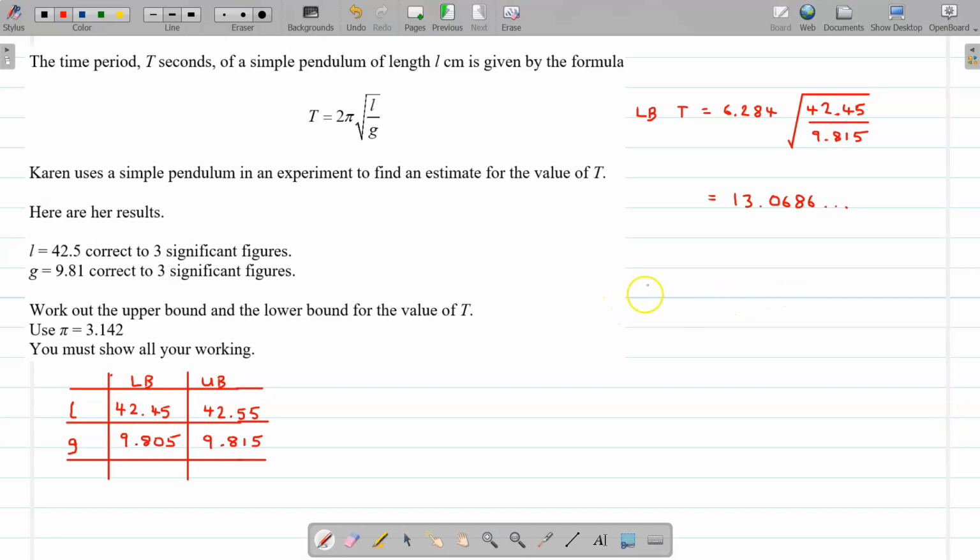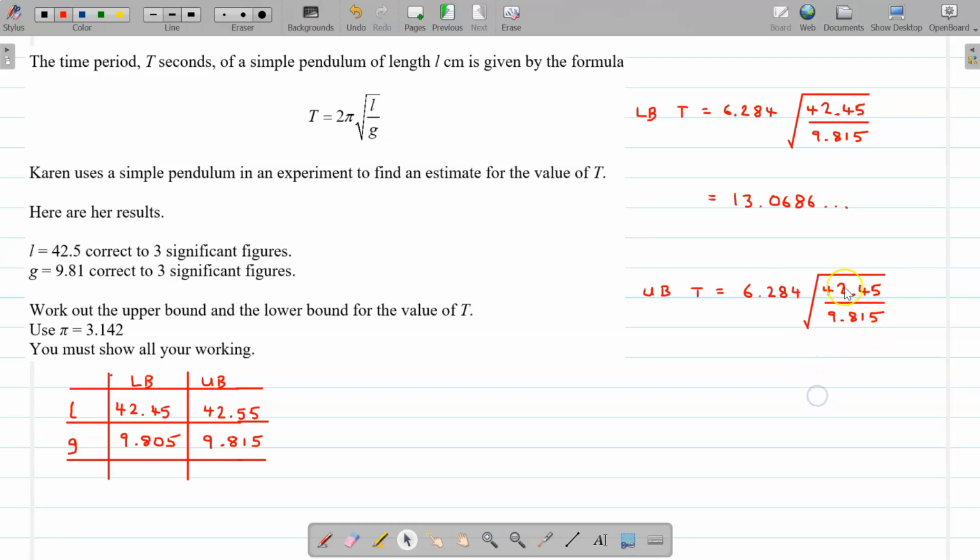All right, now we do the upper bound of t, and that's going to be also 6.284, because that's what it's telling us to use. And the square root thing, well, if I take a copy of that for the moment, save a bit of time. So if I take a copy of that, put it down there, but what I've got to do, of course, is edit the numbers in there.